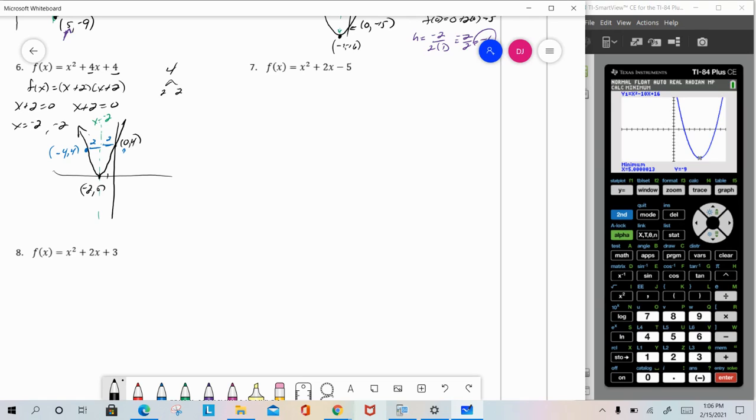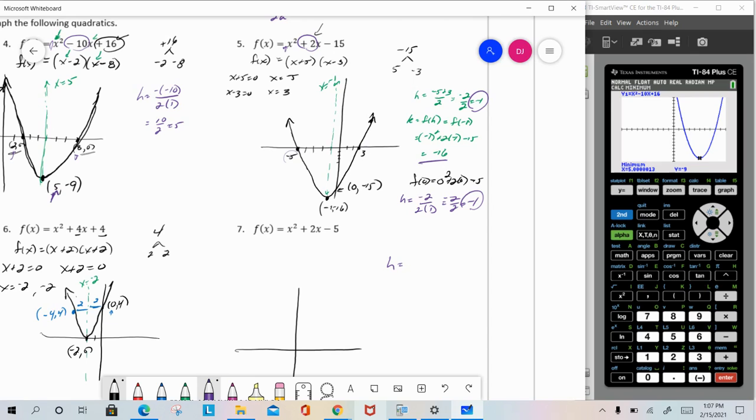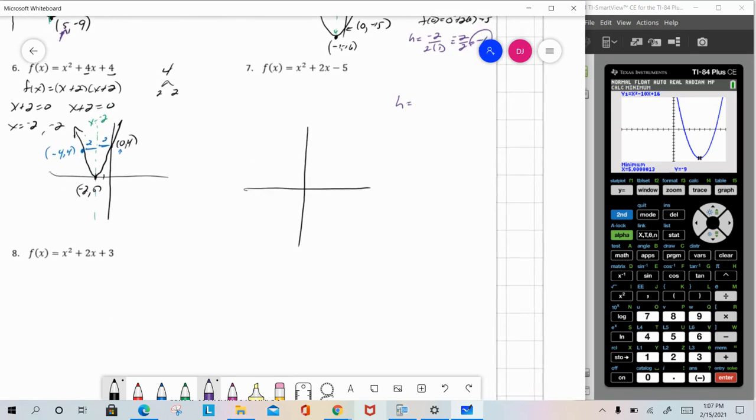So what I might choose to do is, rather than finding my x-intercepts first, I might choose to find my vertex. To find my vertex, I need to find my h value. Now, I can't find my h value by adding the x-intercepts and dividing by 2 because I don't have my x-intercepts.